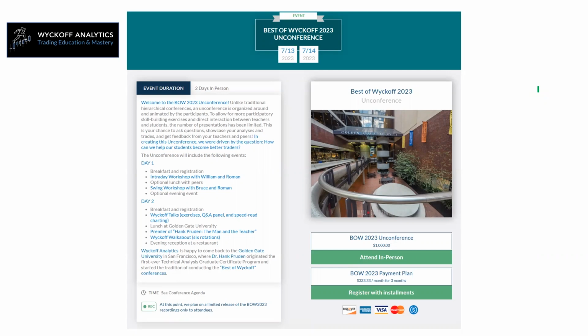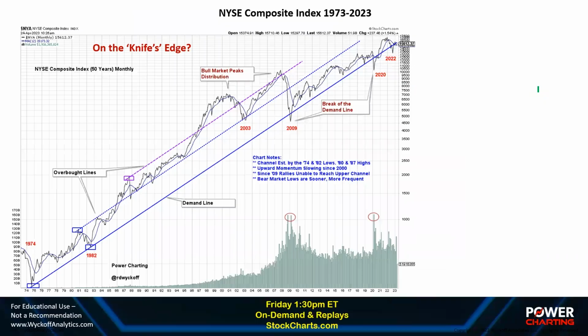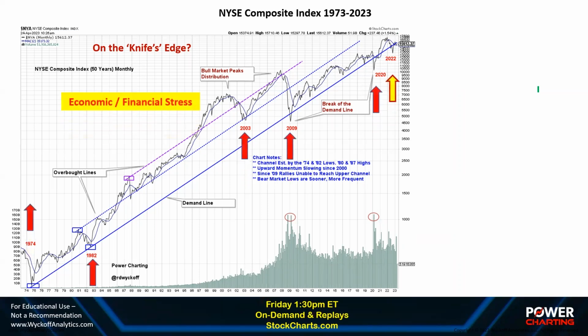Let me start, though, with a review of the discussion that we had last week. And I'm just going to get right to it. This is a 50-year chart of the New York Composite Index. And it's just a remarkable chart in my estimation.